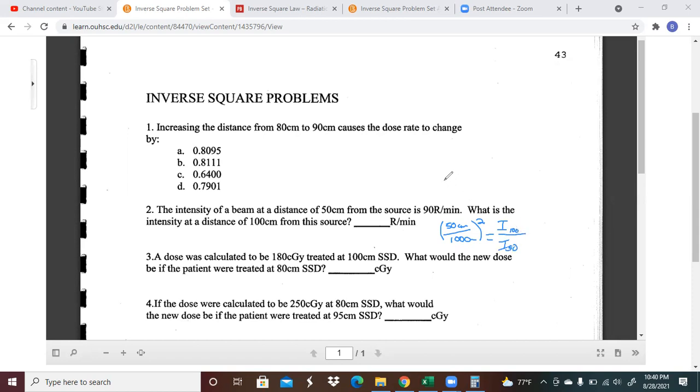So if we change this around, the intensity at 100 cm is going to end up being the intensity at 50 cm times 50 over 100.